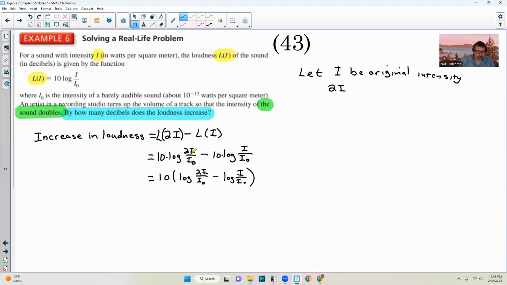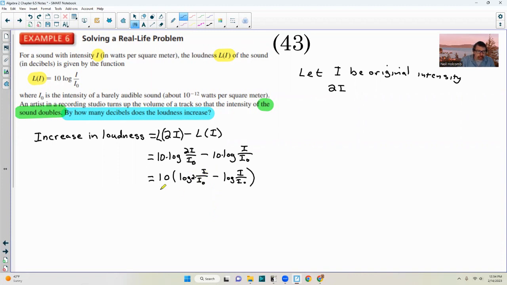Think of this as 2 times I over I naught. Instead of a 2 in the numerator, you can have the 2 out in front, multiplying 2 times I over I naught. And now I have a multiplication problem.